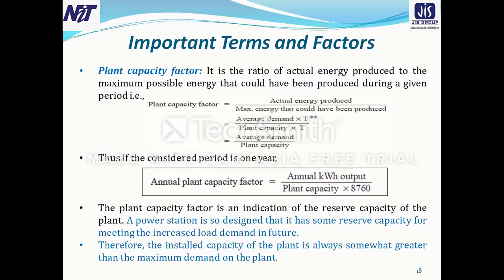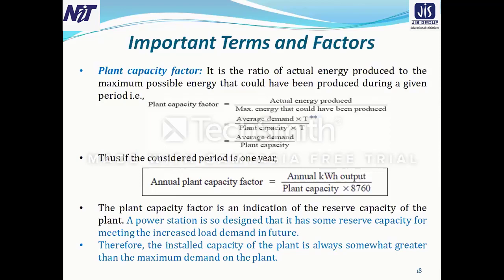So you can say that it is equal to the average demand into T divided by the plant capacity into T. So average demand divided by plant capacity. So the definition is the ratio of actual energy produced to the maximum possible energy that could have been produced during a given period.